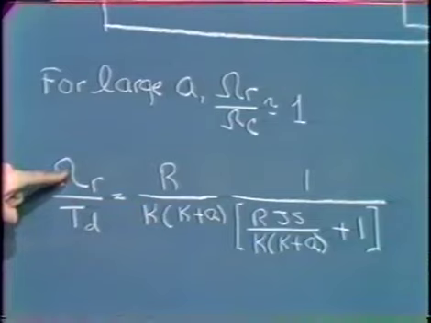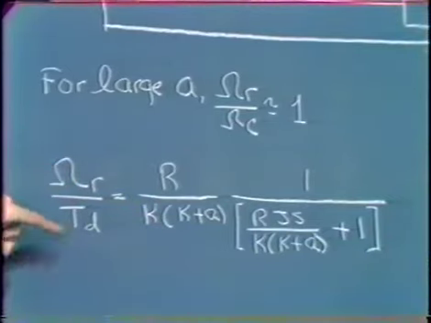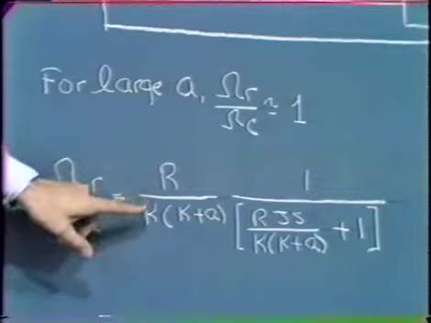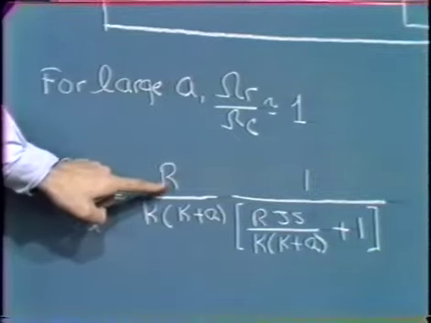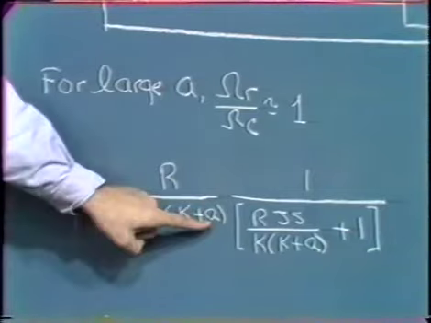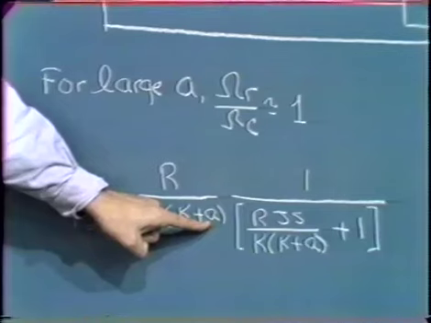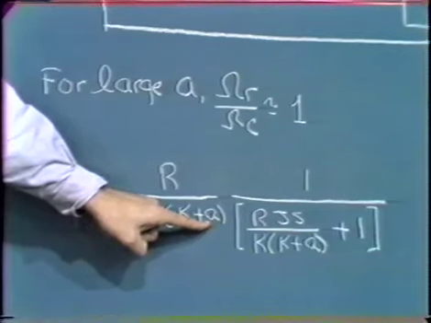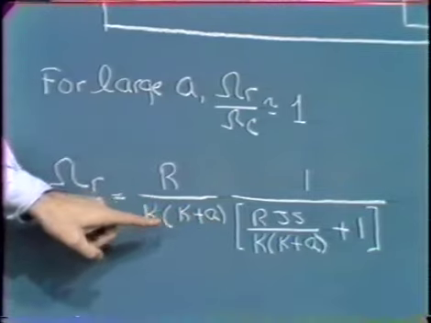We find out that the dependence of output velocity on disturbing torque depends, of course, on various system parameters. The multiplying factor out in front, R over K times K plus A, we can sort of rationalize why that ought to be. If we had a larger amplifier gain, of course, we'd get greater attenuation. The system would be less sensitive to applied torque disturbances.